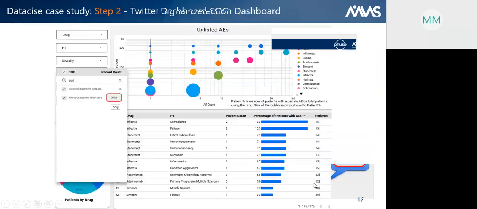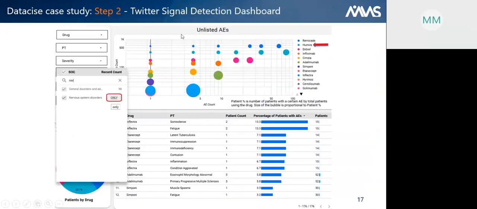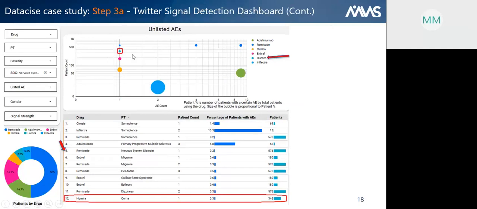Next slide, please. So looking at the Twitter signal detection dashboard, we filter on the left drop-down menu events to nervous system disorders. Next slide. And here we will see on the top graph all events which belong to the nervous system disorders class, and all medications which are having those PTs in regards.